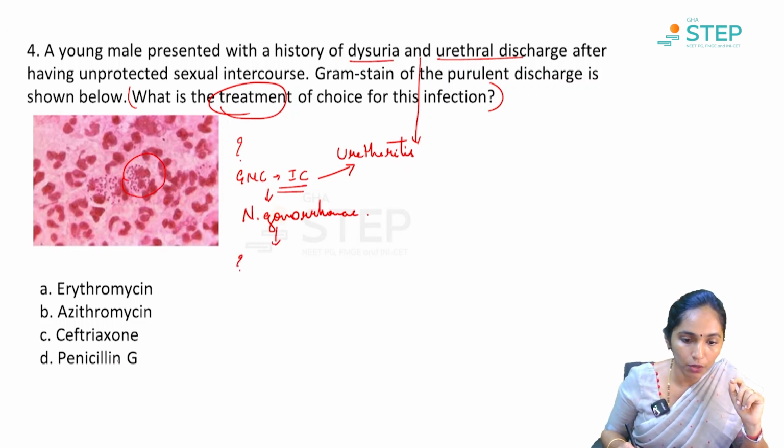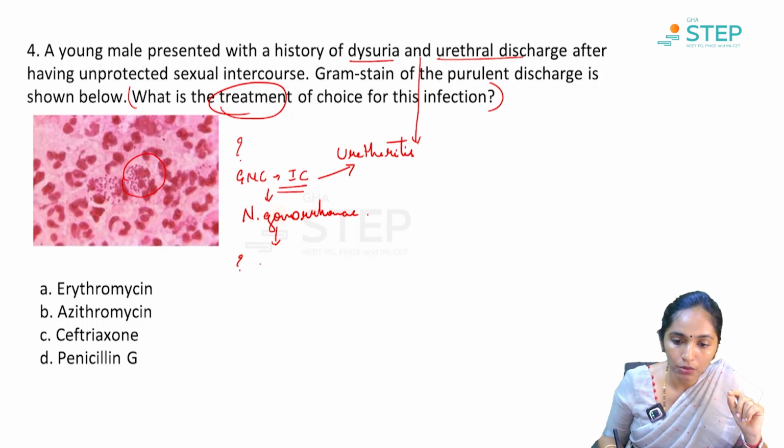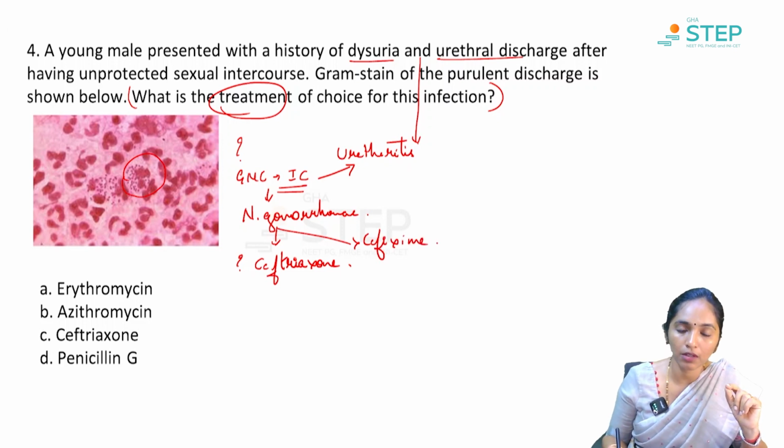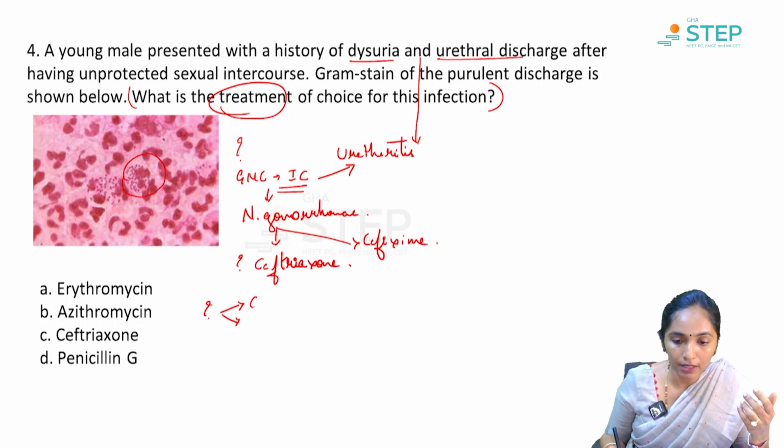As the question is about treatment, we have list of antibiotics here. The treatment for Neisseria gonorrhoeae is mainly your 3rd generation cephalosporin, either ceftriaxone, which is the first drug of choice, or it is cefixime. So cefixime or ceftriaxone is the drug of choice. And if at all you also think about a concomitant infection, along with gonococcal infection, you have non-gonococcal urethritis like a chlamydia, so then you add azithromycin in treatment.